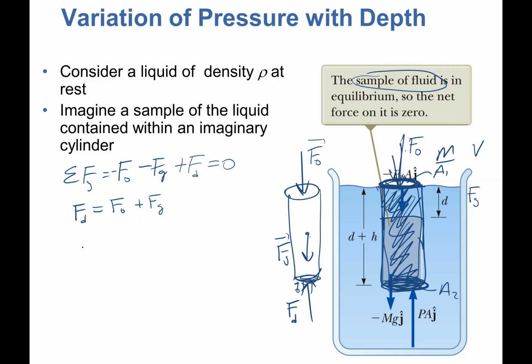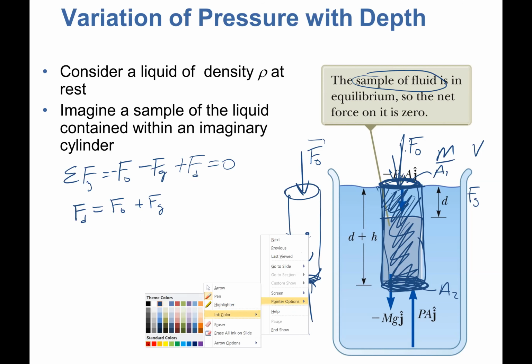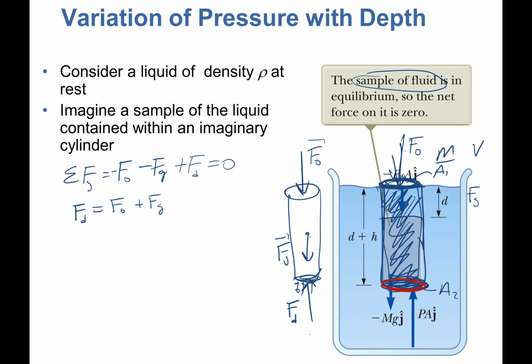All right, let's see what we have. At the bottom, I have this area A2. Remember, what is force? Pressure is force over area, so rearranging, force is pressure times area.